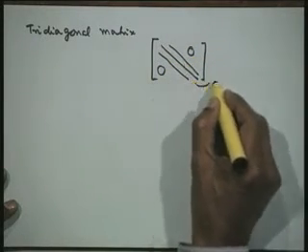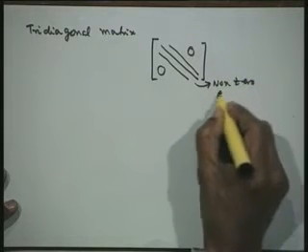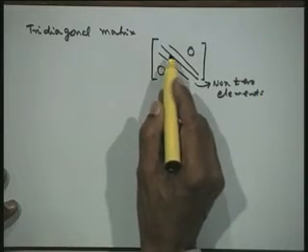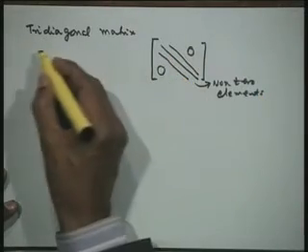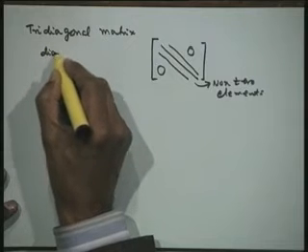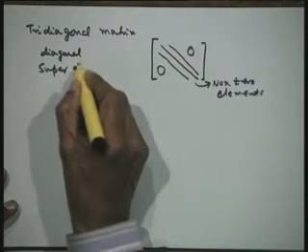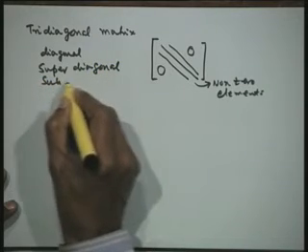These are all non-zero elements. Sometimes we call them the diagonal, the super diagonal and the sub diagonal.